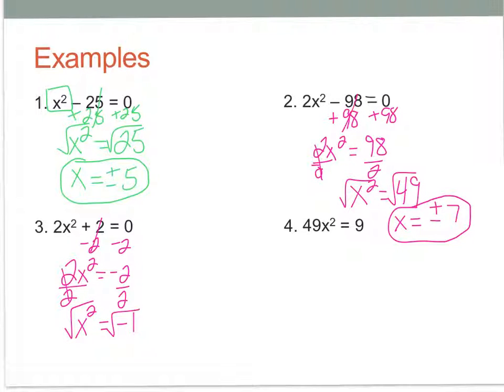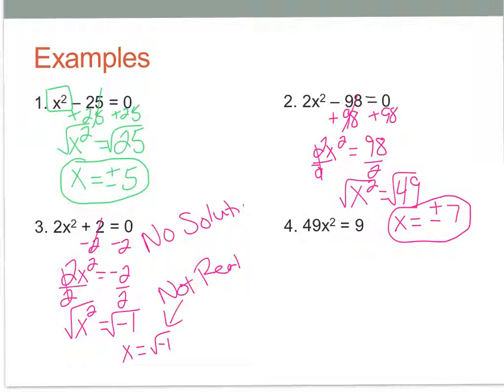If you recall, can we take the square root of a negative? No. So here we can say this is not real. So therefore, number 3, I have no solution. This equation, if I were to graph it, would not intercept the x-axis.